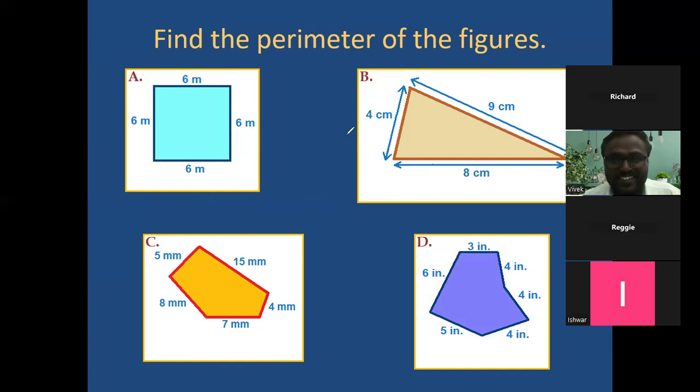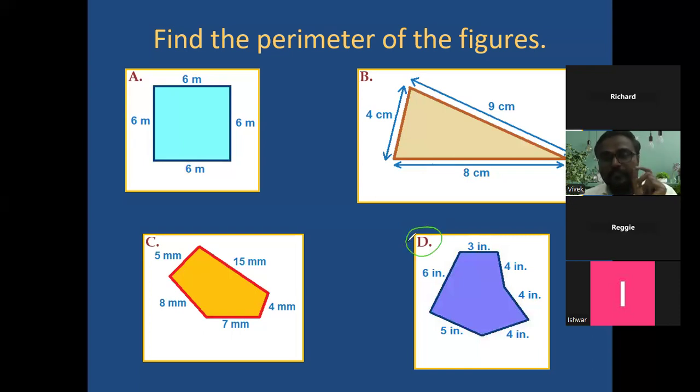Awesome. Reggie, you can move ahead for shape D. Richard, Jacob. I have an answer from Jacob, 21. Awesome, Jacob.